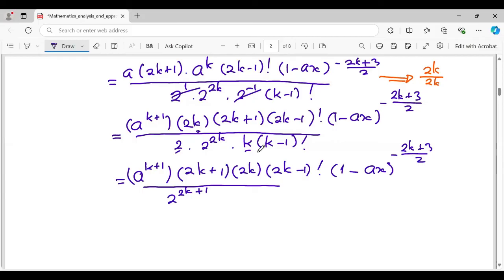And for this expression, k factorials is k times k minus 1 factorials.